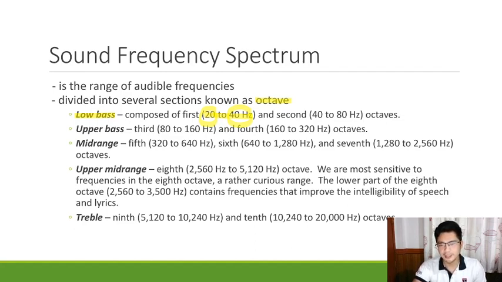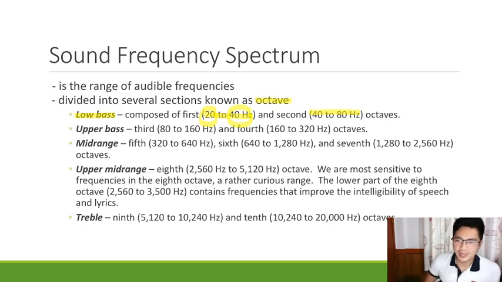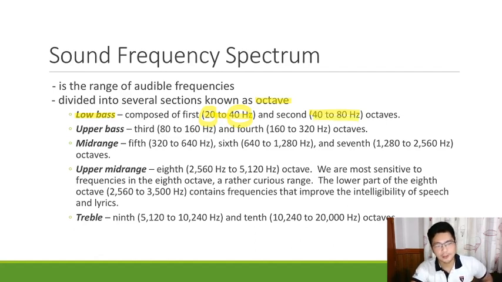Notice that the difference between octaves is not constant. It's not just 20 Hz to 40 Hz and then 20 Hz apart each time. When we talk about an octave, it's from the fundamental frequency to twice that frequency. So the second octave is not 40 to 60 Hz; it is 40 to 80 Hz. We call this the low bass.